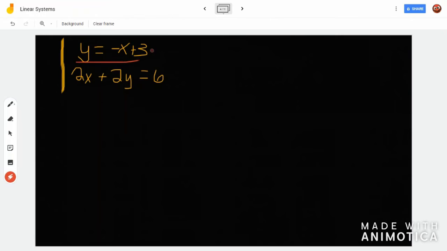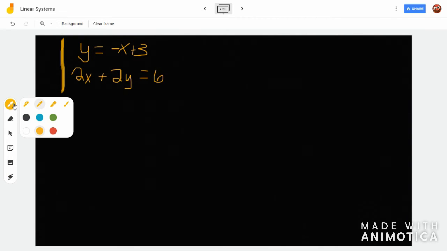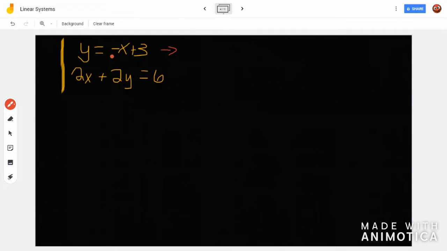Now I'm going to rearrange this one so that it comes in the form x plus y equals the number. So let's rearrange that one. We'll arrange it over here in red. I'm basically just going to add x to both sides, and that is going to give us x plus y equals 3.